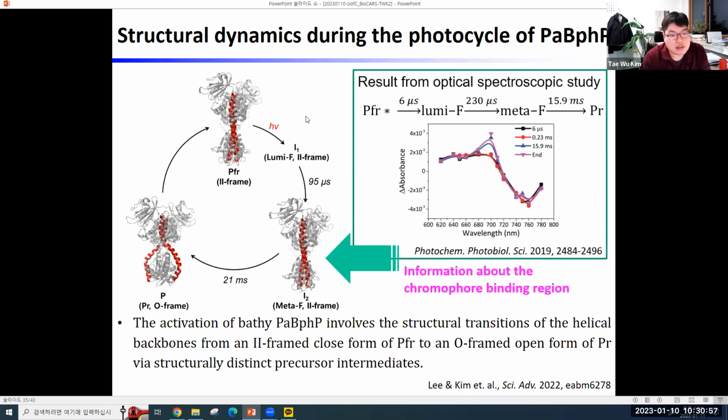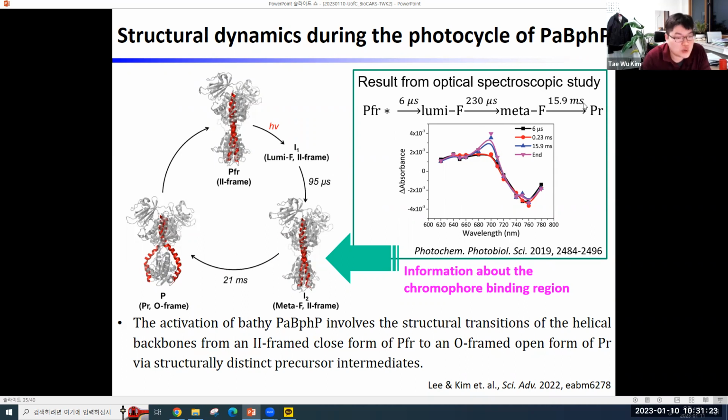However, I'd like to say that we want to add the origin of the transient species in terms of the chromophore structure. So we use the previous spectroscopy result like this. If you simply compare them, the time constants observed in the TRXSS are very similar to the result from the optical spectroscopy.